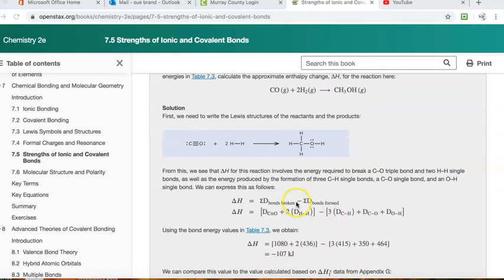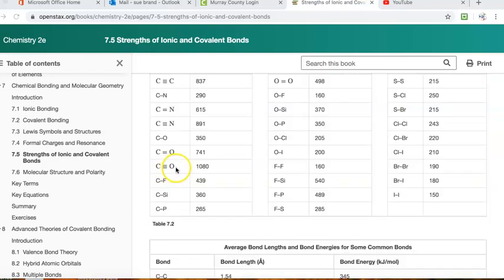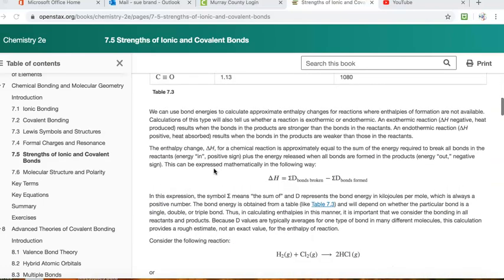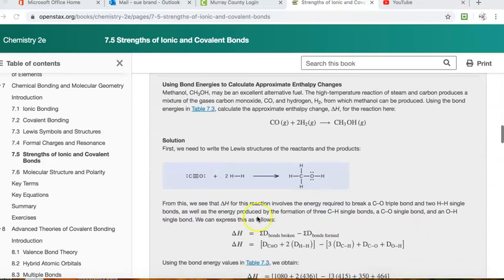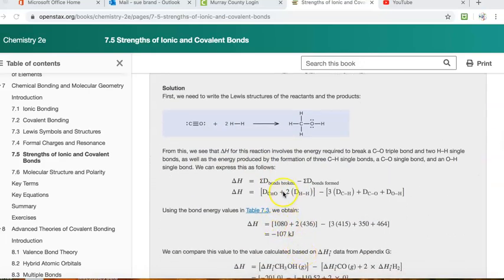So here we need to look up the bond energy for a carbon-oxygen triple bond. If we look that up here, the carbon-oxygen triple bond energy is 1080 kilojoules per mole. Okay, so we input that value.